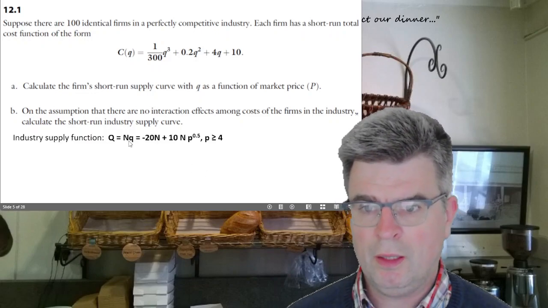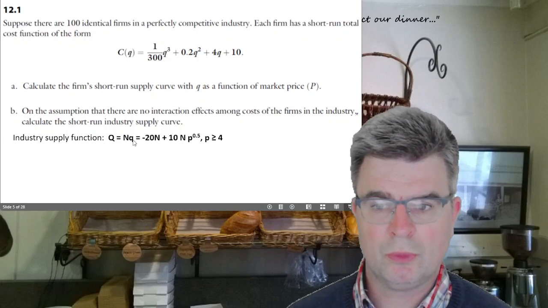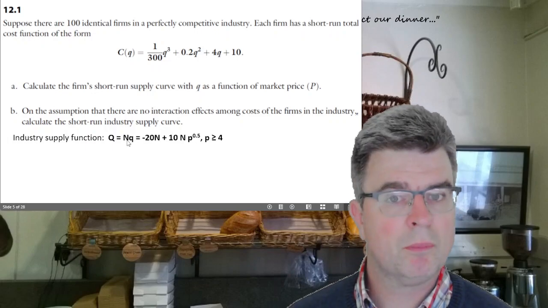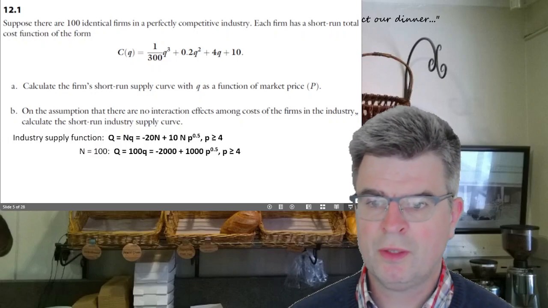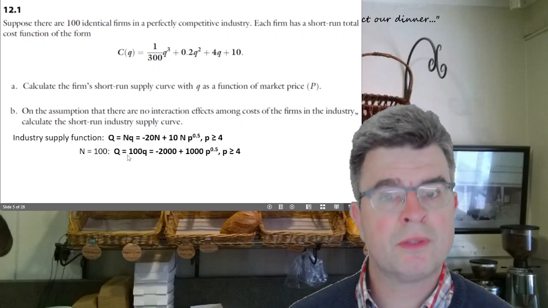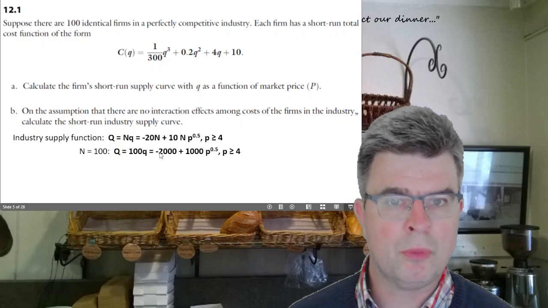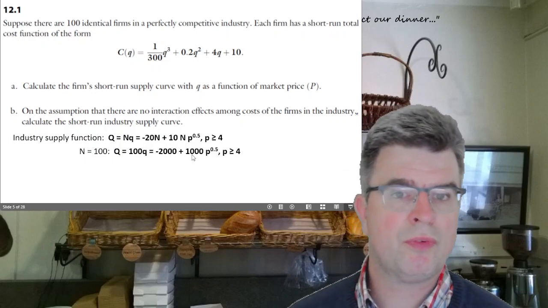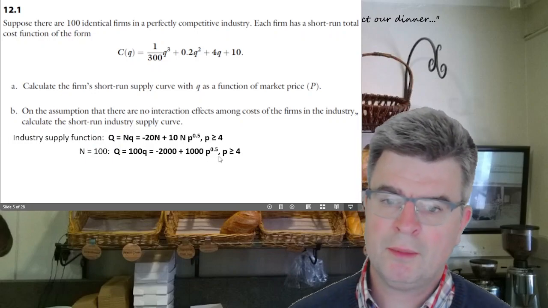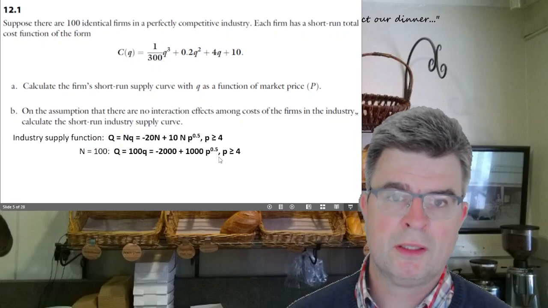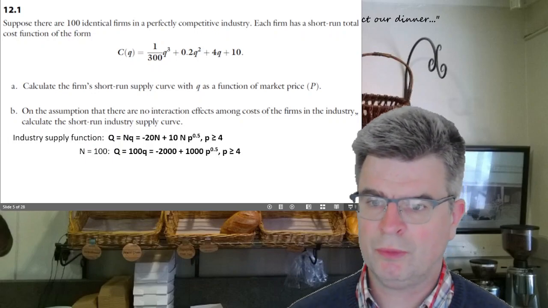So we multiply the individual supply curve by number of firms n, and n is equal to 100, such that we get the industry supply curve being equal to minus 2000 plus 1000 times the square root of p. And again, price needs to be at least equal to 4 for this number to be positive.